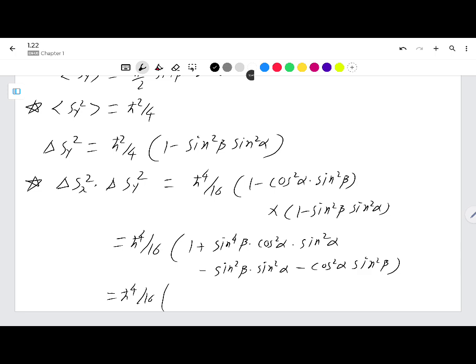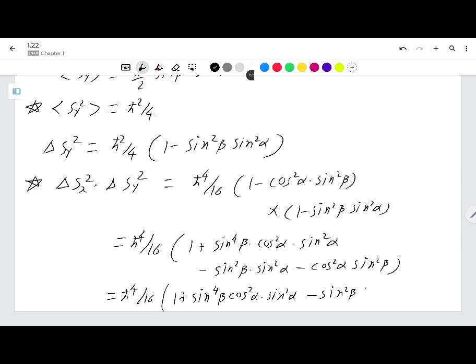Okay, so what can I do now? Can take sin square alpha. Okay. So from the last two terms, we can take out sin square beta.